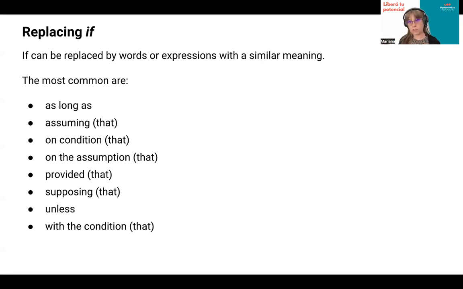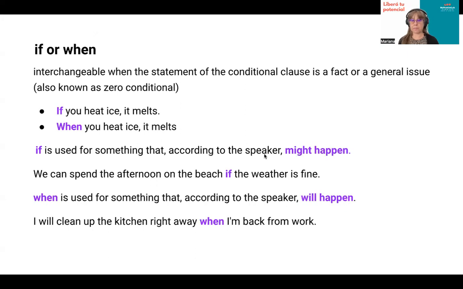You could take notes now, practice them, and try to create ideas with if and also with these, because they mean other things, okay? As long as es mientras que o siempre y cuando, con la condición de que, and they are all very similar in ideas, okay?